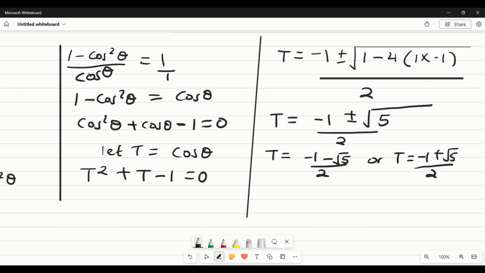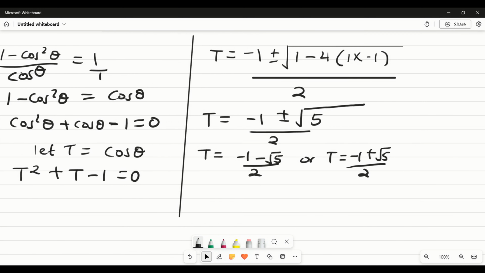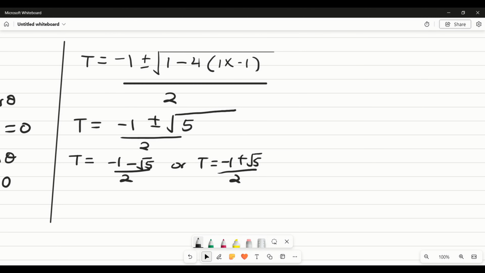So what does it mean? We can now substitute the exact values. We have cos theta equals negative 1 minus root 5 over 2.